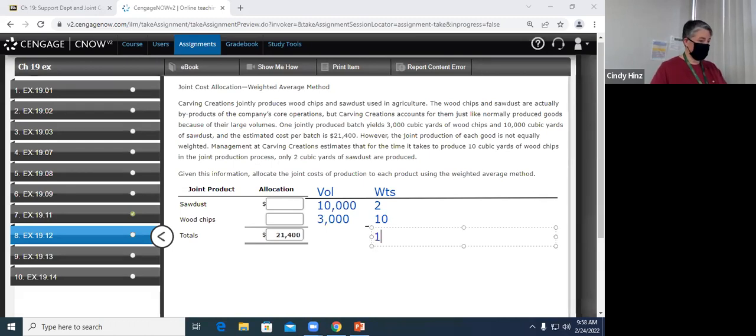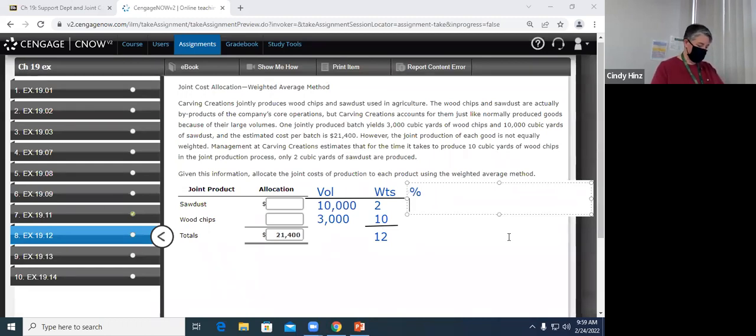So out of a total of 12, we have 2 and 10, so we can change those into percentages, just because that might be easier for us to work with. Actually, let me not do the percentages yet. Scratch that. Let's apply the weights next.